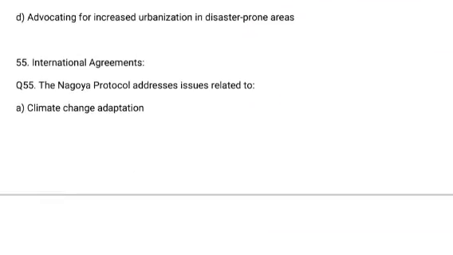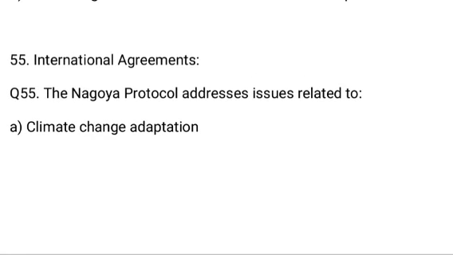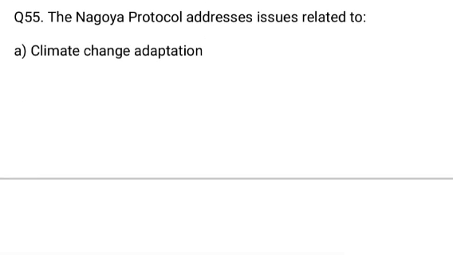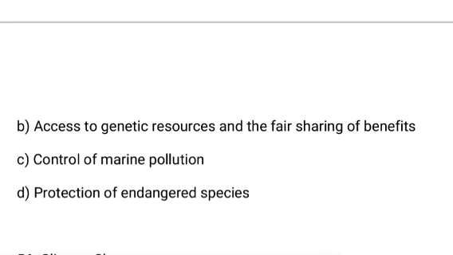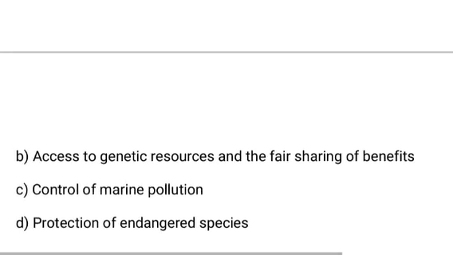Next is international agreement. The Nagoya Protocol addresses issues related to what? Climate change adaptation, access to genetic resources and the fair sharing of benefits, control of marine pollution, protection of endangered species.